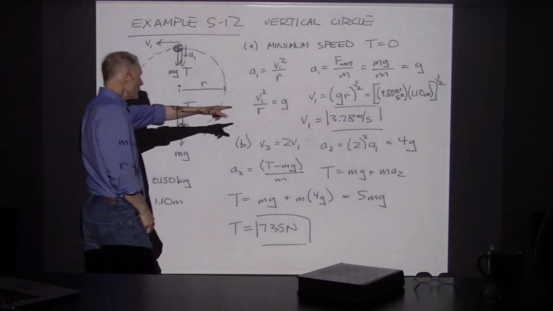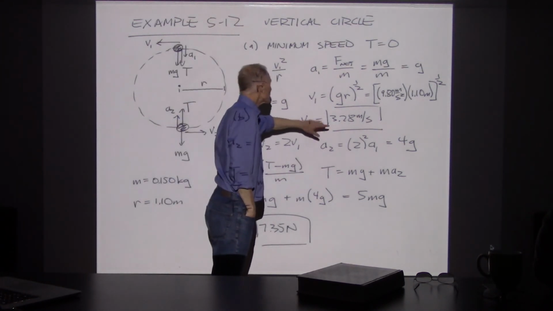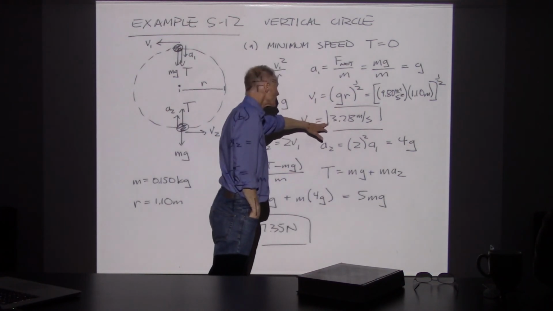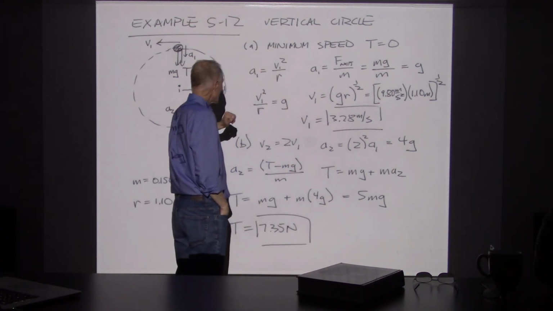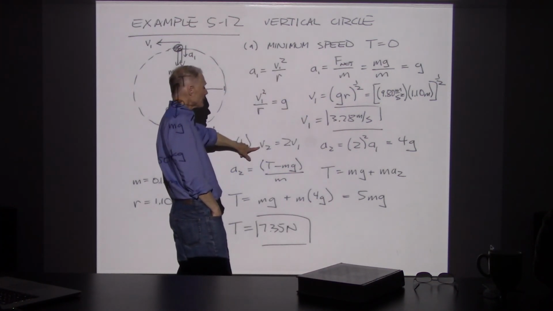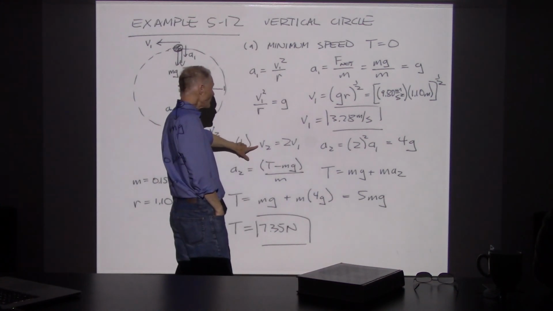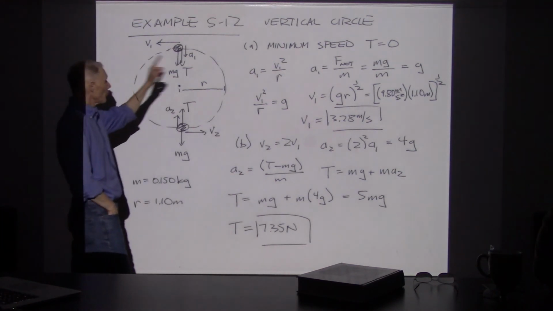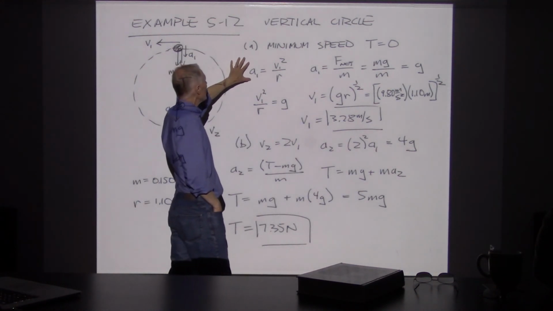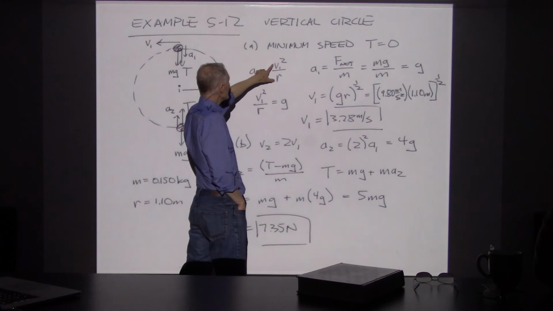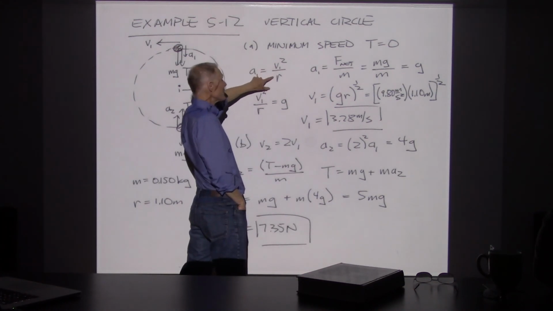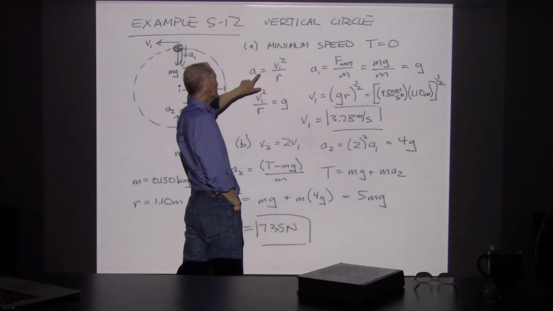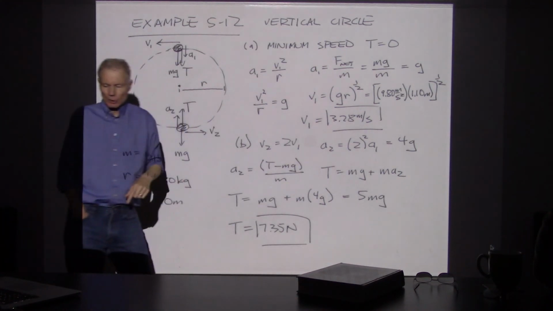Now, that's the speed at the top. So we're spinning this thing so that we just barely get through the circle at the top. The speed at the bottom is twice as much. So what effect will that have? Well, let's go back to this formula. If I double the velocity, but I keep the r value the very same, how much will the acceleration go up?